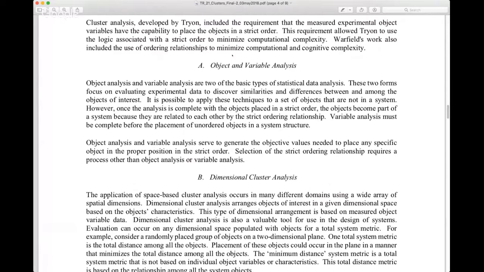So not only did he minimize manual calculations, he also used the strict order so he could use the logic involved with the strict order to again reduce the amount of calculations required. I thought that was a very interesting aspect of his work.